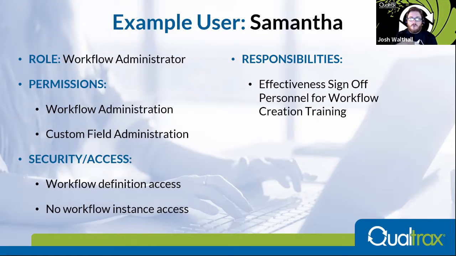So one of her roles in the organization is workflow administrator. So she needs to be able to access existing workflow definitions in the system, change their settings, and create new workflows as well. So to perform her job duties, Samantha needs the workflow administration permission, as well as definition access to the workflow she's responsible for maintaining.